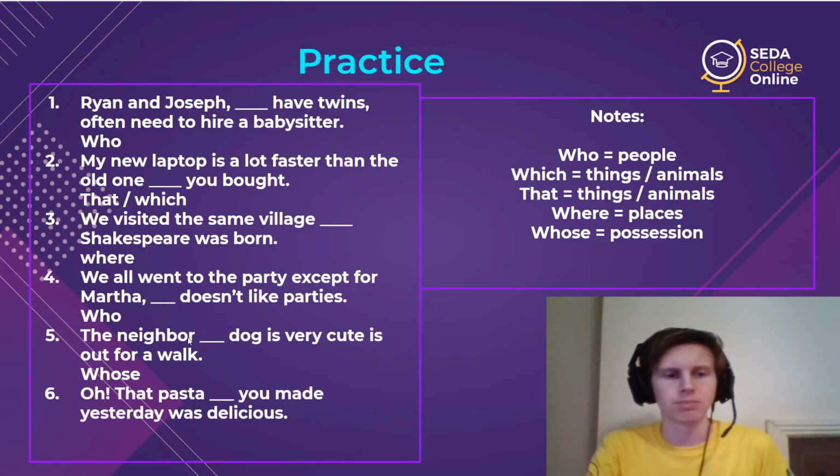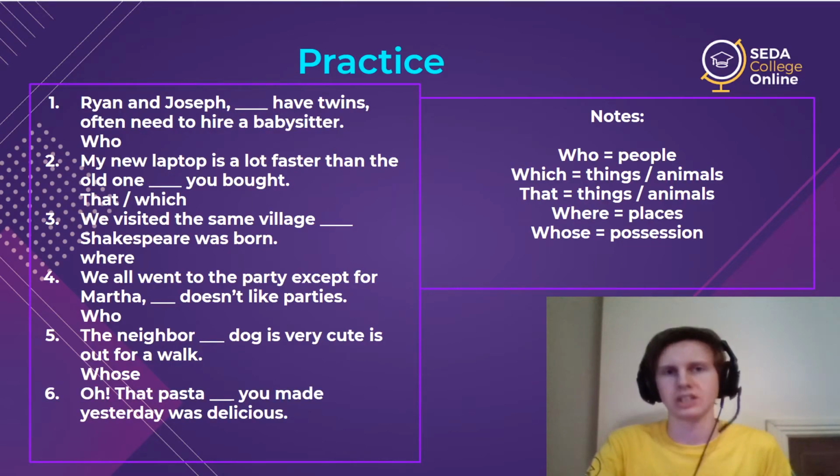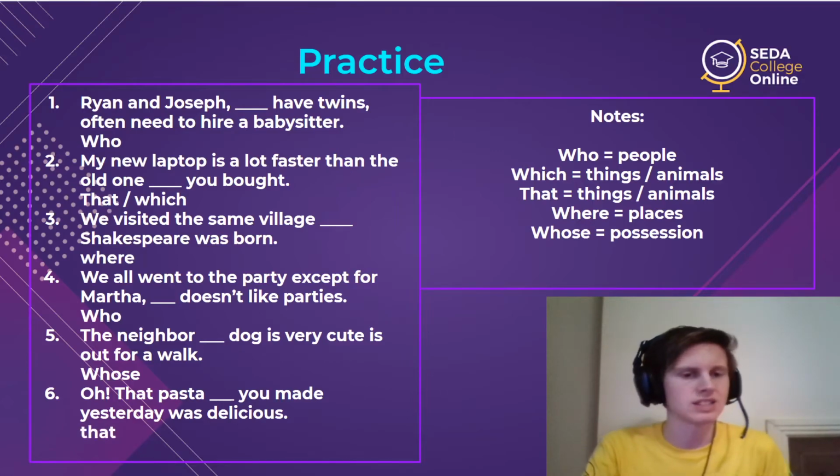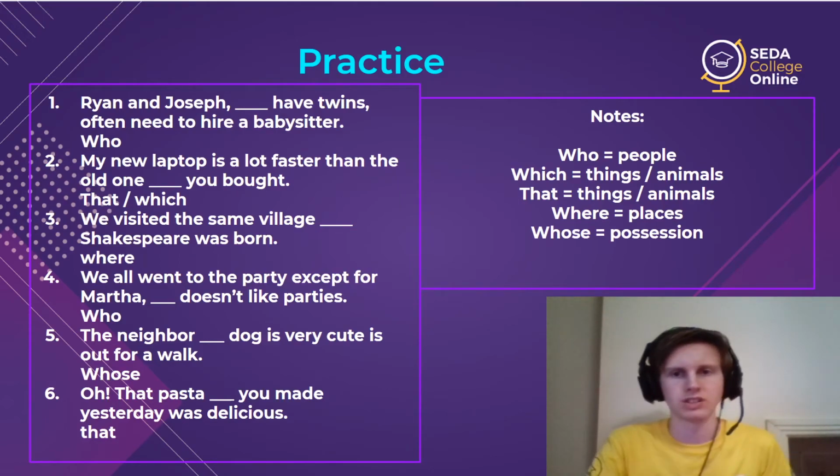Okay, final example. That pasta you made yesterday was delicious. So, what here? Correct answer is that. Yep, the pasta that you made, or you could say which, the pasta which you made yesterday was delicious.